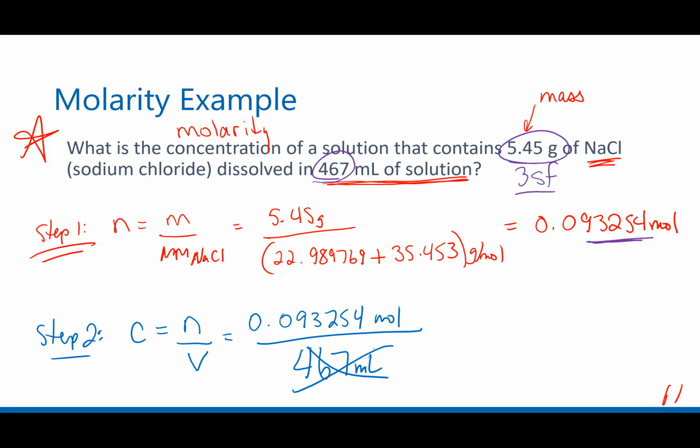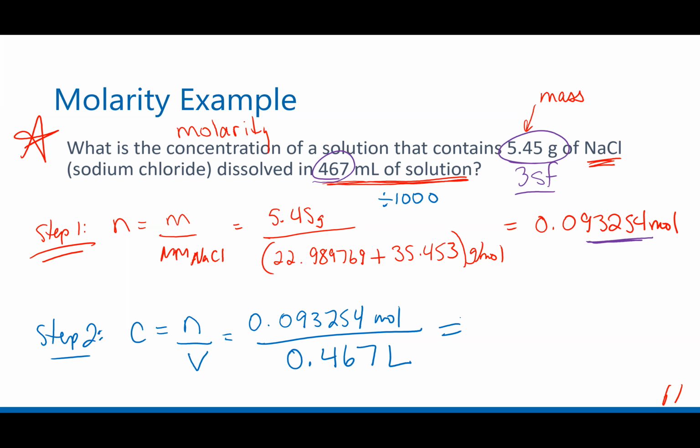Nope. Molarity in chemistry is always in moles per liter. So I need to change the milliliters to liters. And remember, all I need to do is divide by 1,000. So that's it. This is a pretty easy question.